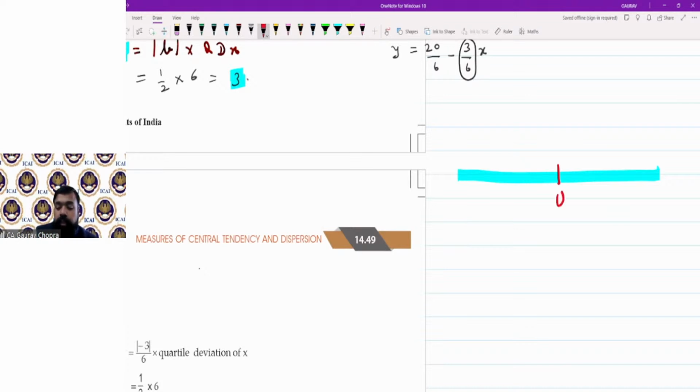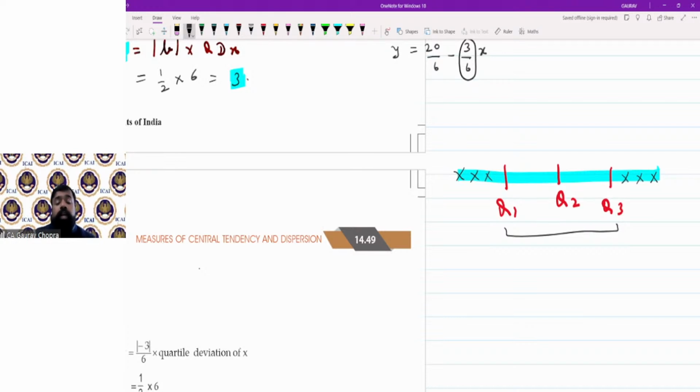In between is the median, that is the second quartile. Here comes the first quartile, and this is the third quartile. For calculation of quartile deviation, we simply require Q3 minus Q1. We do not require any figure which is less than Q1, and any figure which is more than Q3 is also not required.